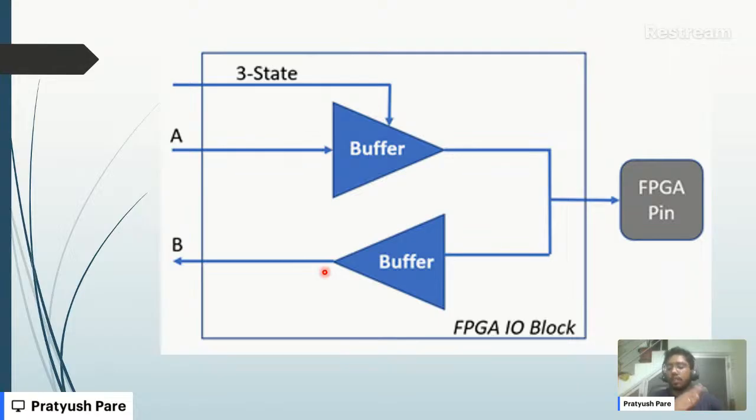So if I have 0 at the input, it should give 0 at the output. That is one state of the buffer. If I have 1 at the input, it should have 1 at the output. That is the other state of the buffer. And the third state is the not connected state, so it is kind of a floating net.